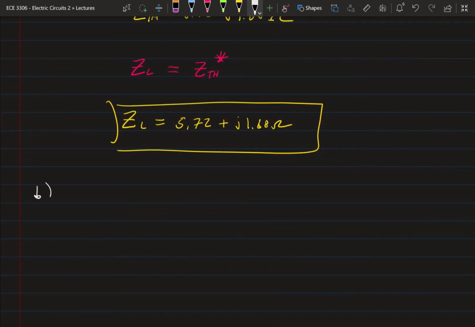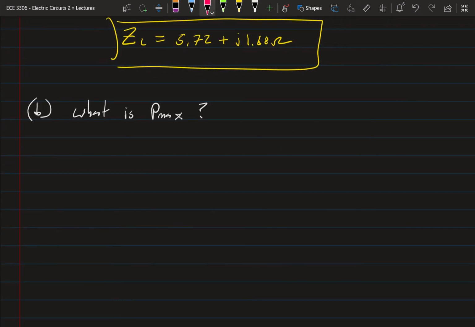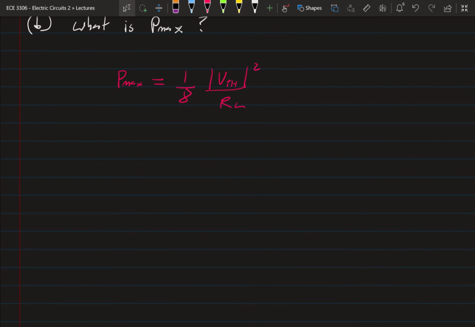And there's a part B here which says, what is Pmax? And remember our equation for that, which is Pmax is equal to 1/8 times the magnitude of VTH squared over RL. Let's plug our values in.